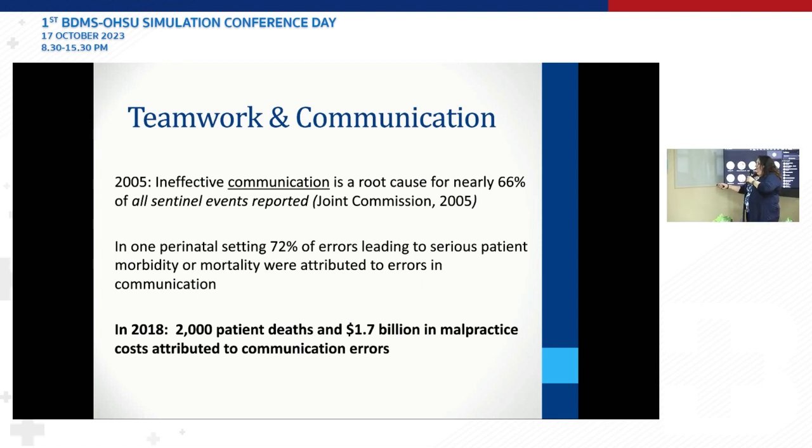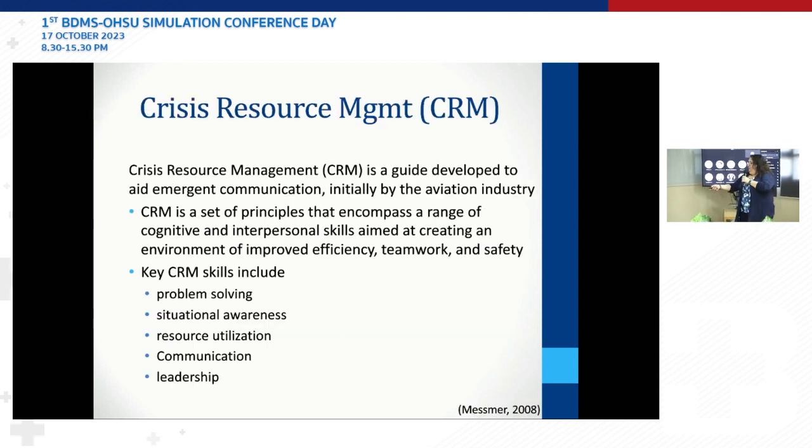There was a perinatal study that showed 72% of errors leading to serious harm were attributed to communication errors. And in 2018 in the US, there were 2,000 patient deaths and $1.7 billion in malpractice costs that were attributed just to communication errors. So training in that part of it is very, very important.